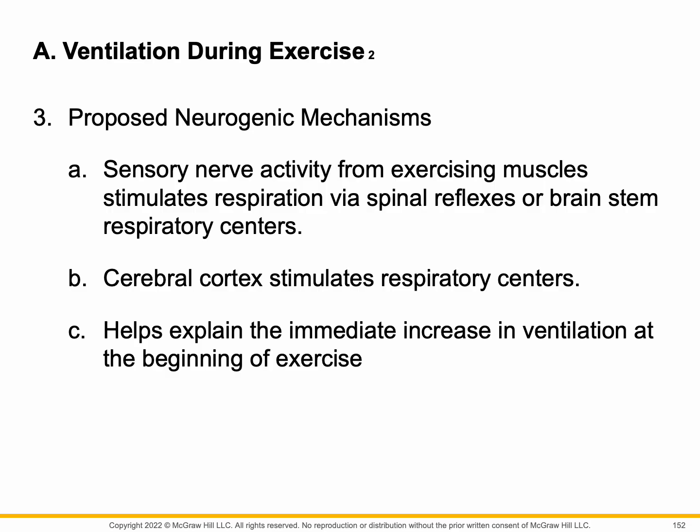Sensory nerve activity from exercising muscles stimulates respiration by way of spinal reflexes or brainstem respiratory centers. The cerebral cortex stimulates respiratory centers and helps explain the immediate increase in ventilation at the beginning of the exercise.